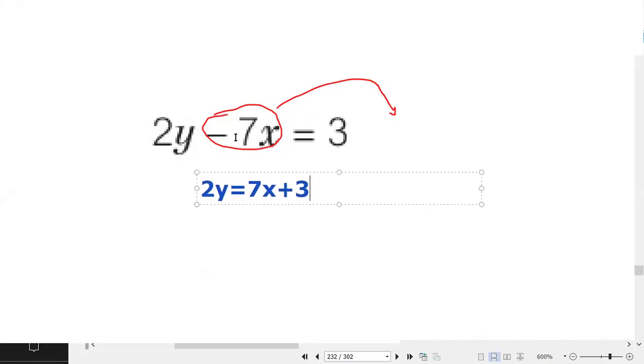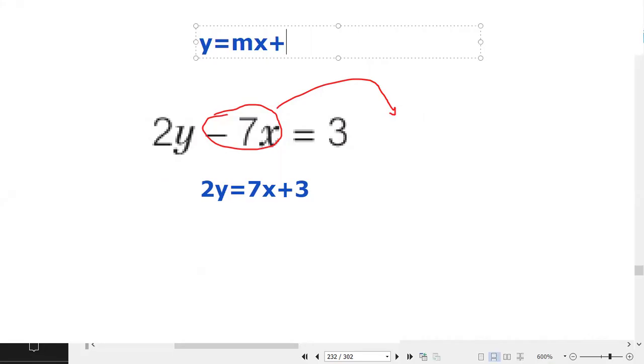So I took the negative 7x, I made it positive 7x. And I want it in the form of y equals mx plus c. This means I need the x first and then the c, which is the constant. So basically, I made it like this. Now I need the y with a coefficient of 1.